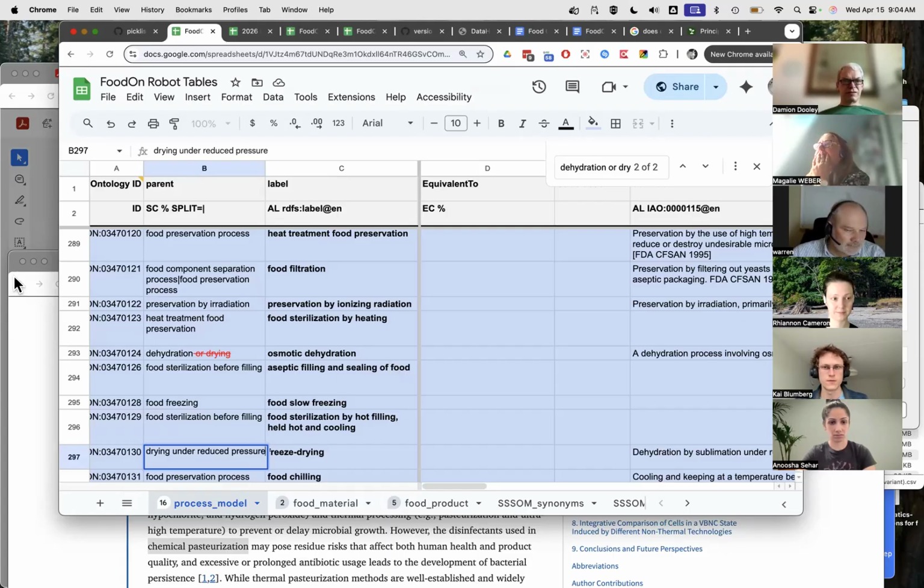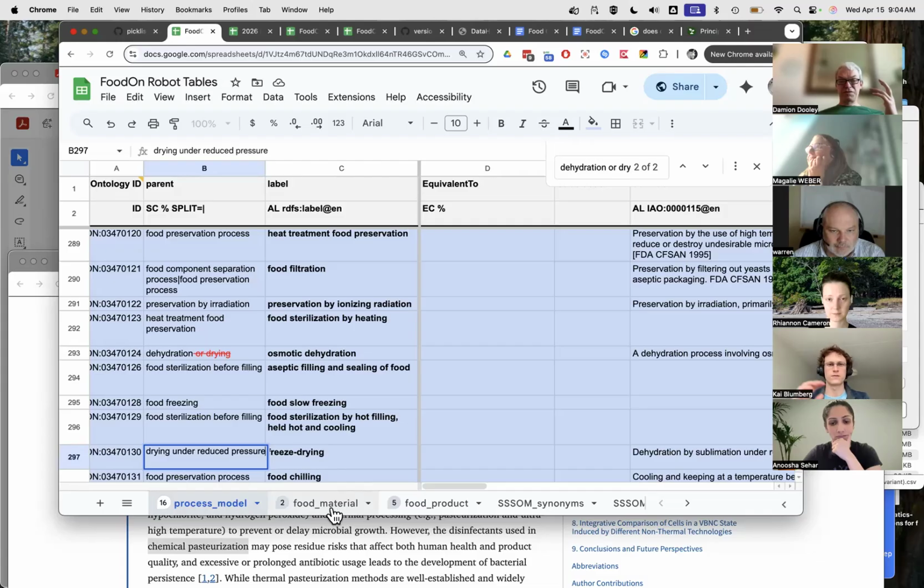And so this FoodOn Robot Tables template now has four tabs that we can focus on for all the new terms that fit. And so the tabs are for process model, which has always been there, called process.